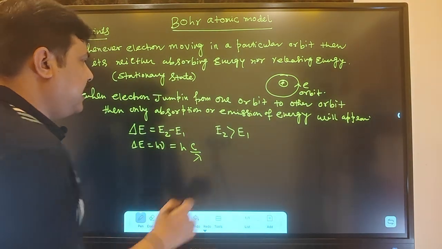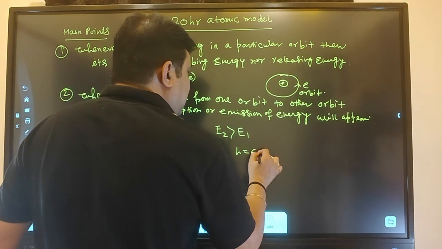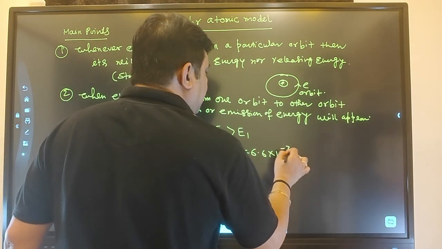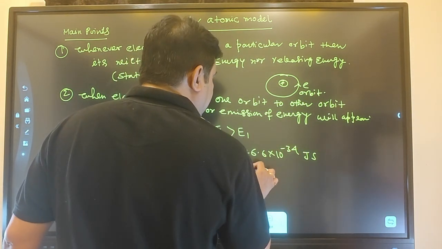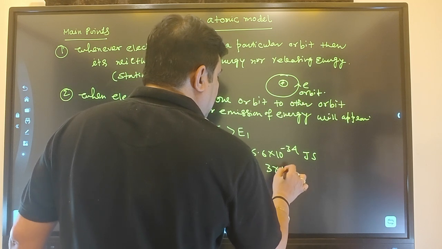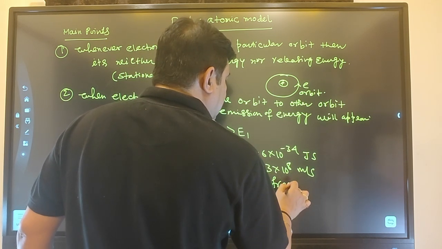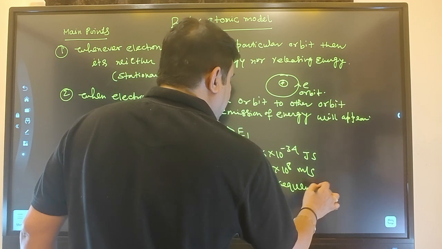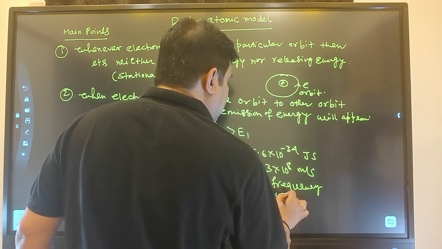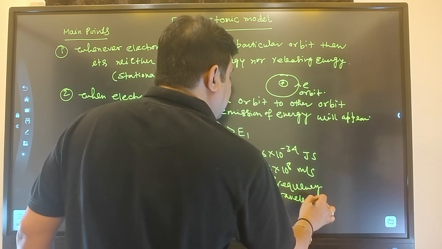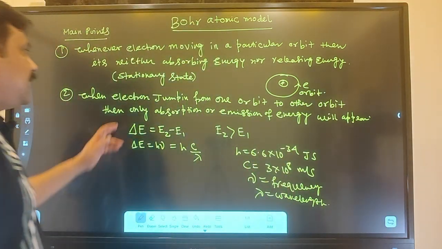The value of h everybody already knows, 6.6 into 10 power of minus 34 joule second. c is 3 into 10 power of 8 meter per second. Nu is the frequency, lambda is the wavelength. Frequency and wavelength are inversely proportional.